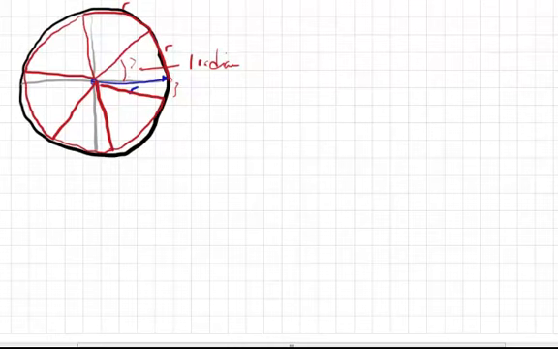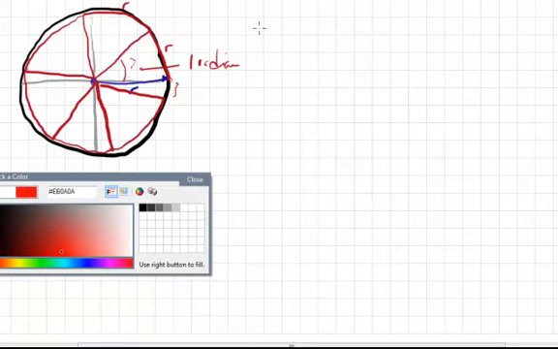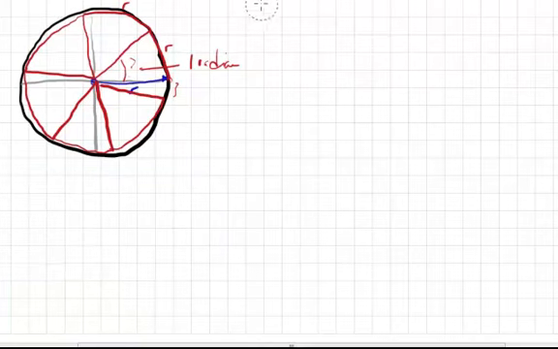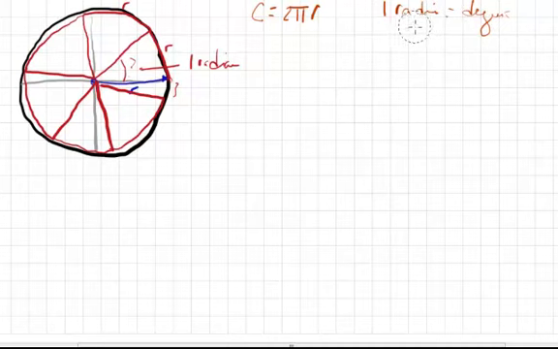Well, how many exactly? Well, what do we know about a circle also? We know that typically we say circumference equals 2 pi r. What we just found was 1 radian equals the degrees marked off when I move 1 radius.